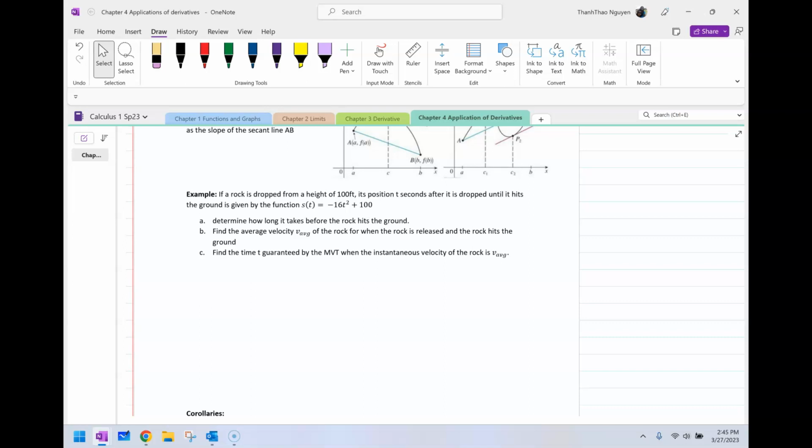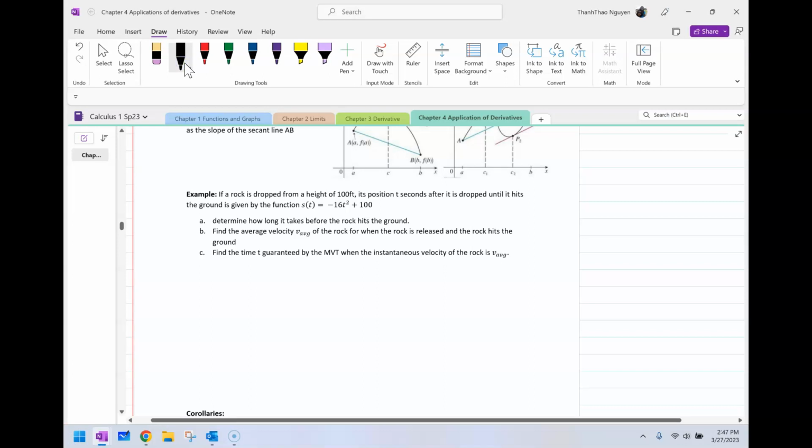Determine how long it takes before the rock hits the ground. When the rock hits the ground, this means s of t equals 0.